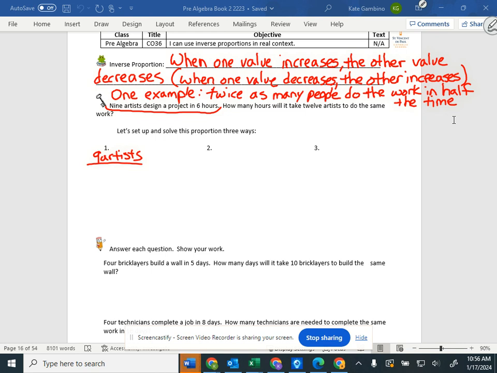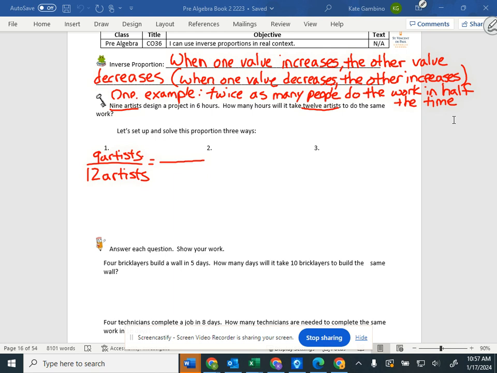I'm going to do this a little differently. So instead of setting that up as the ratio with 9 artists over 6 hours, I'm going to say 9 artists. Now this is where it's going to be different. So really pay attention to how we're setting this up differently. We had 9 artists to 12 artists. So 9 artists to 12 artists.